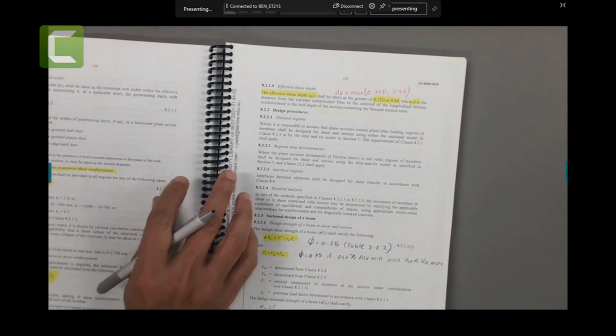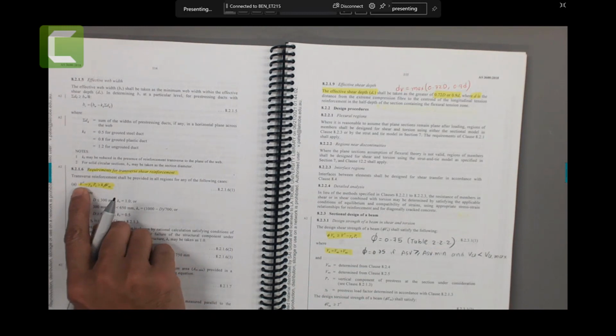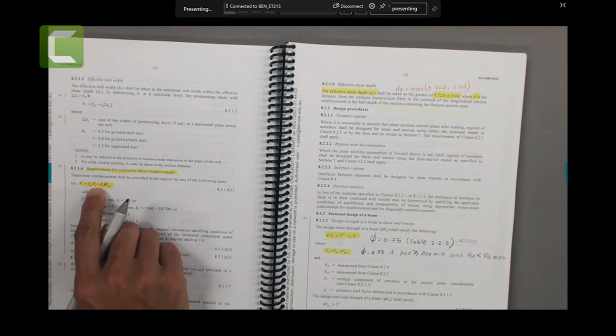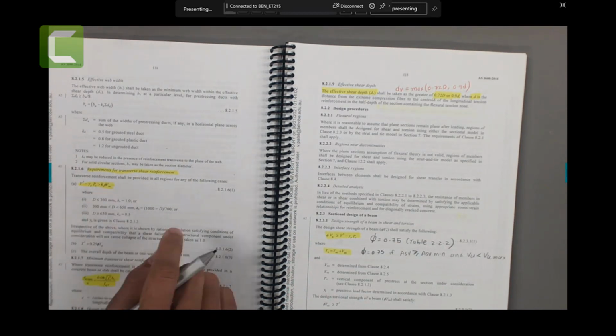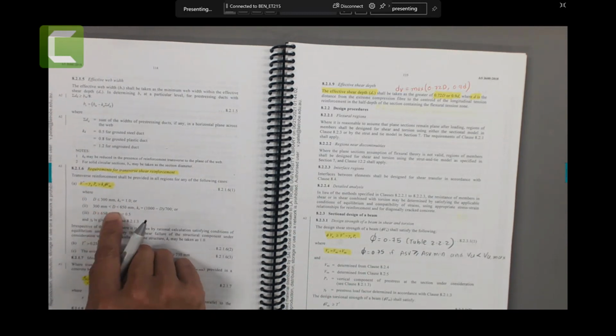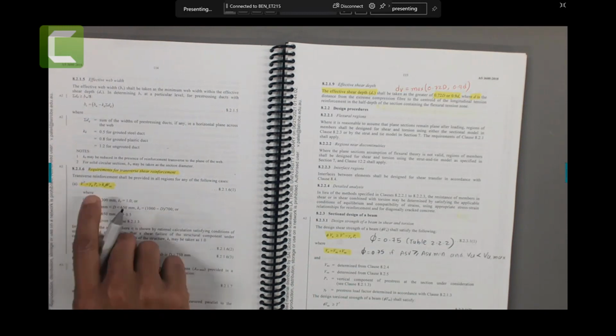Clause 8.2.1.6 on page number 104 says that you don't need to provide the reinforcement in this region. So V star, this is 0, by the way. V star is greater than Ks, and we can take Ks equal to 1, or we can find the Ks value. So let's do this one.